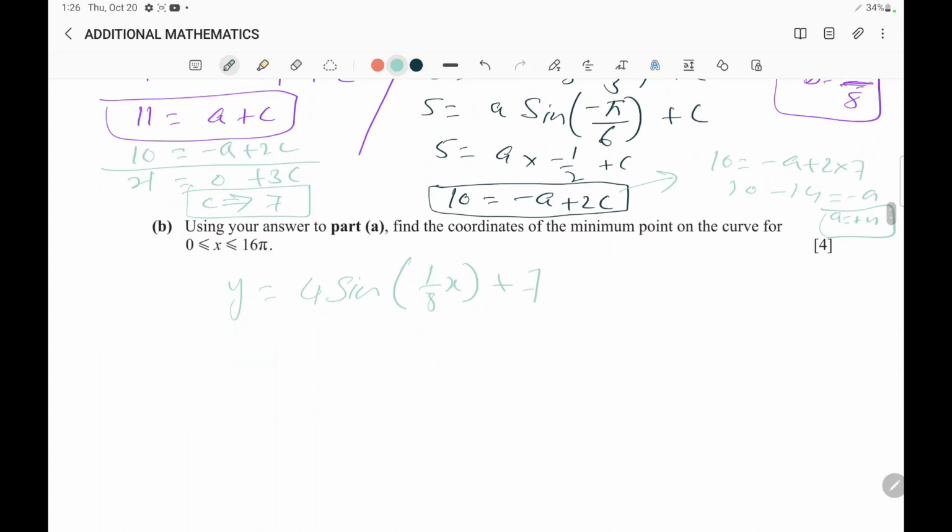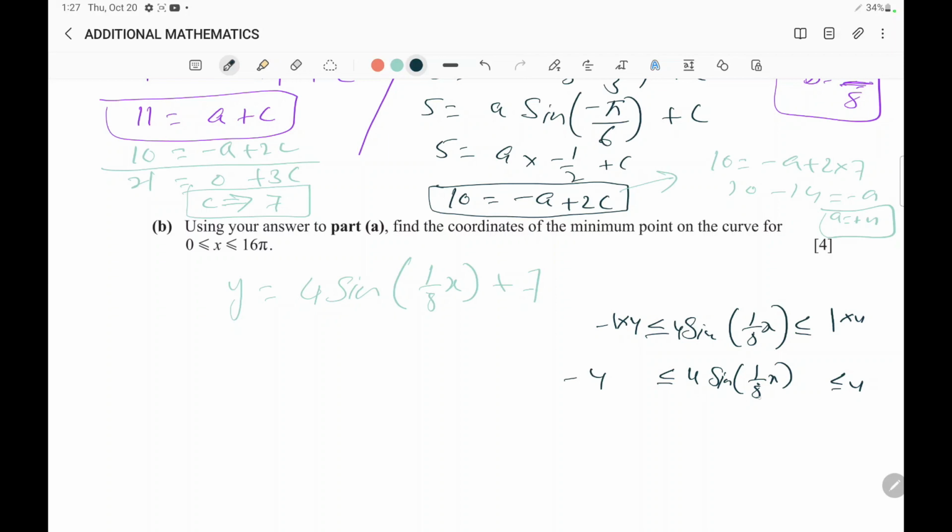There are many ways to find the minimum coordinate. However, we can draw our curve also, or we can try to find it with the help of the range concept. So I would like to explain it in this form. Sine of 1 over 8x has range -1 to 1. We know that. If you multiply by 4, then 4 sine of 1 over 8x has range -4 to 4, right?